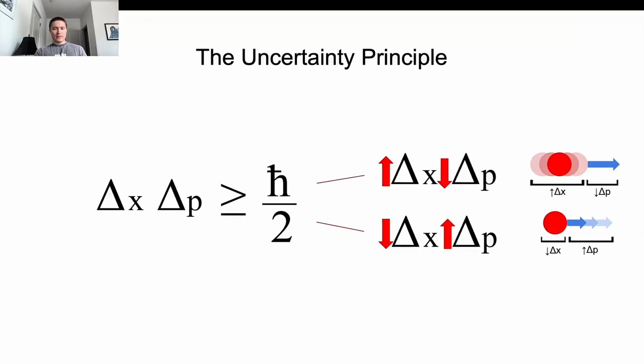And here's more of a visual representation of how this equation plays out. As you increase your uncertainty in x, your uncertainty in momentum decreases. We can see that visually on the far right of the slide with the position of that dot being a little more ambiguous, but the momentum of it being very straightforward.